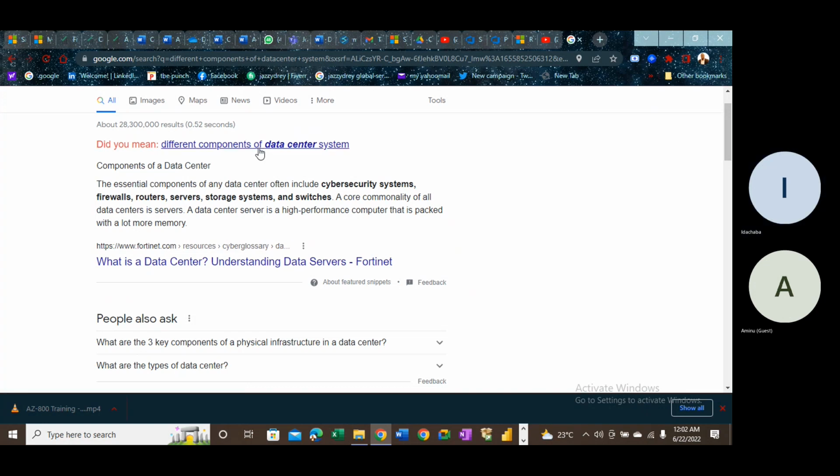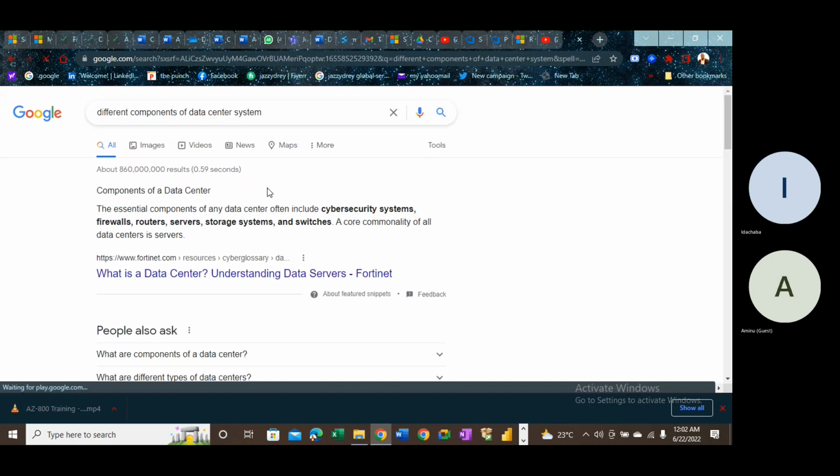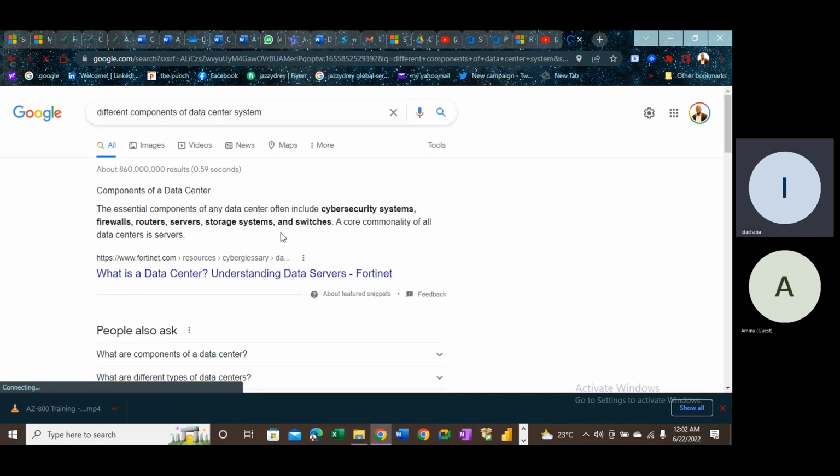Okay, so now, as you can see, we are trying to look at components of a data center. You already know what a data center is because we looked at it yesterday, and you've been able to visualize how it works.